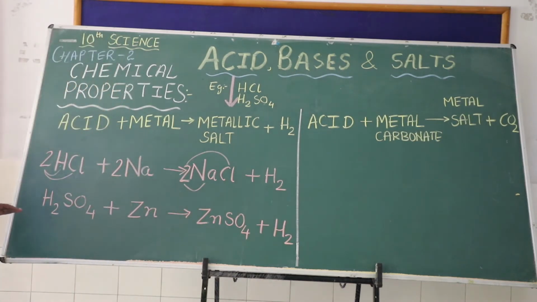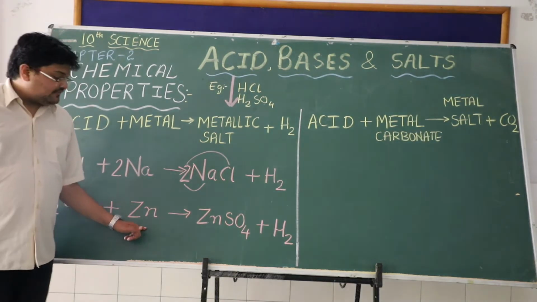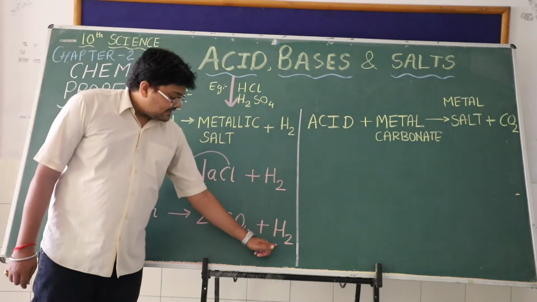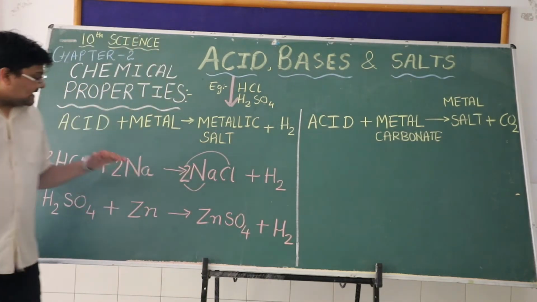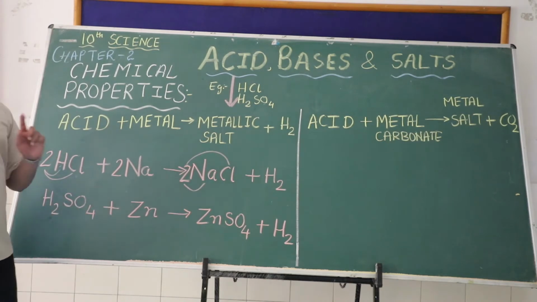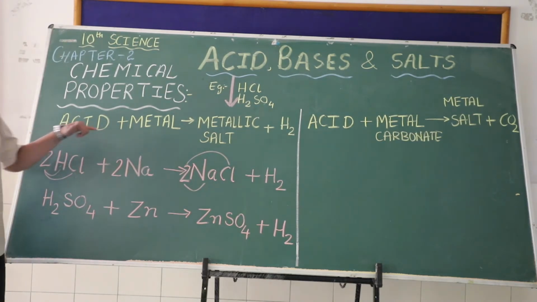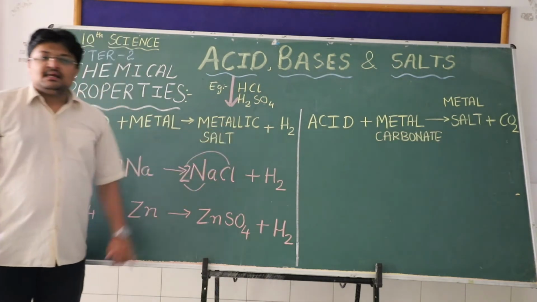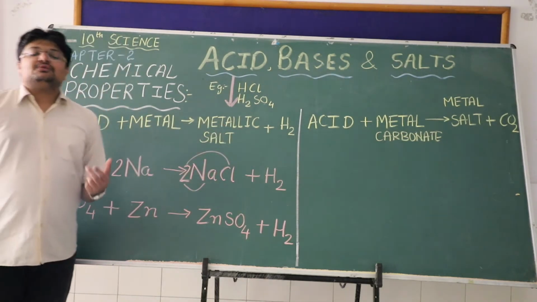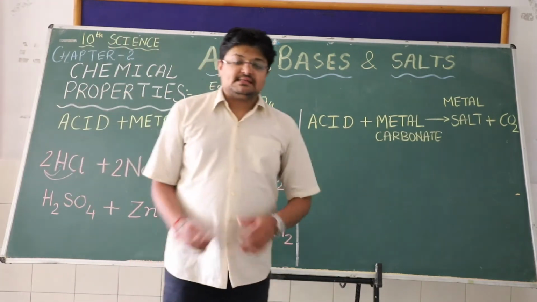This reaction can be read as when sulfuric acid reacts with zinc, it forms zinc sulfate and hydrogen gas evolves. So these are the examples of the chemical property when acid reacts with metal, forms metallic salt and hydrogen gas evolves.